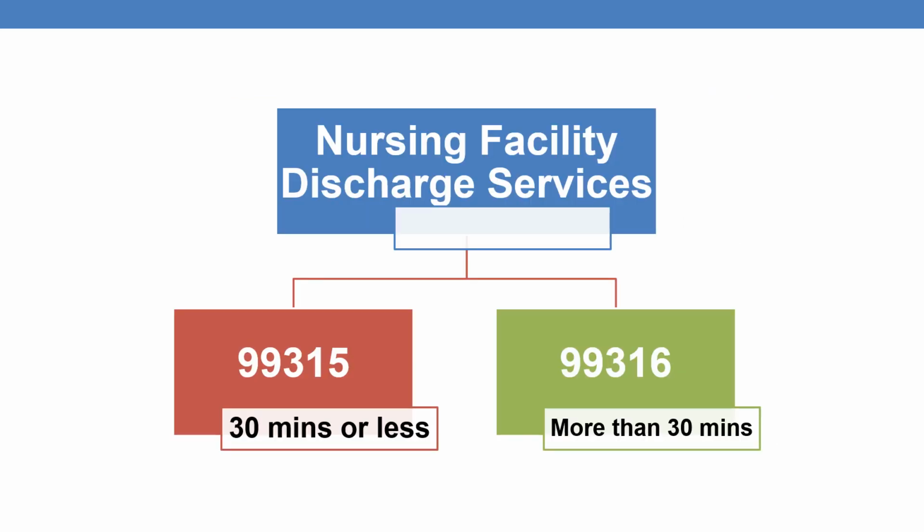There are two CPTs for nursing facility discharge services, 99315 and 99316. If it is 30 minutes or less spent on the date of encounter, you need to code 99315. Whenever it is more than 30 minutes, you need to code 99316. In our case, it is 45 minutes. So the appropriate code is 99316.